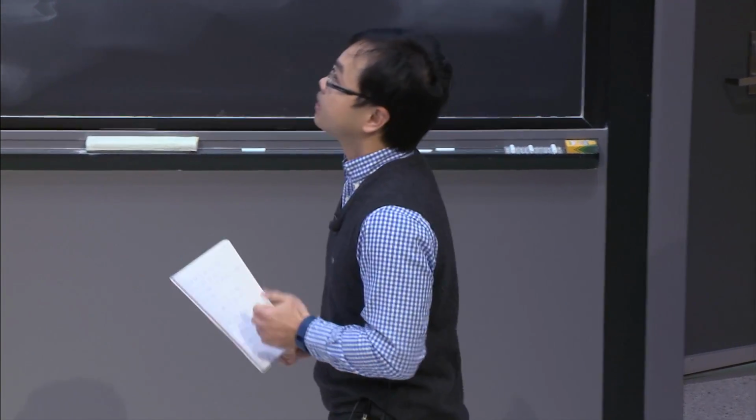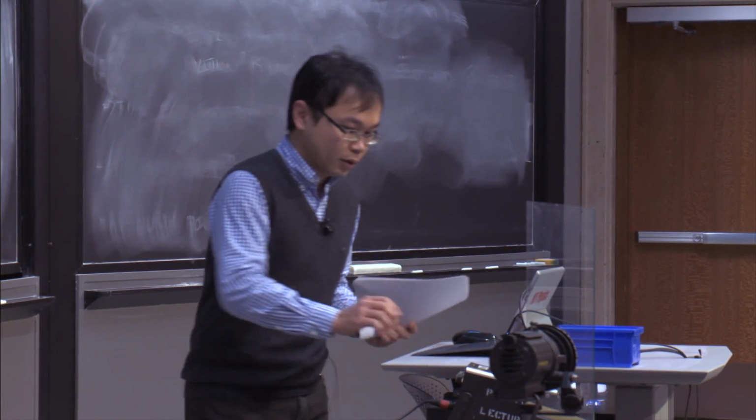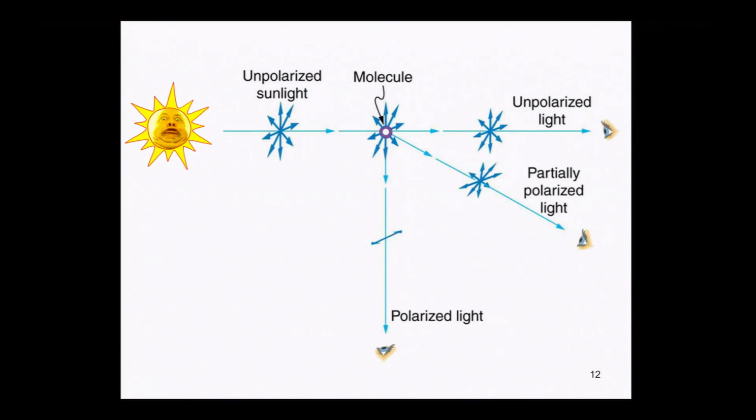The sky is darker, therefore you can see the clouds much more clearly. The same goes for the photo at the beach, where you can see exactly the same phenomenon. Now we are in a position to understand what is going on, and why we can use a polarizer to make such a good photo.